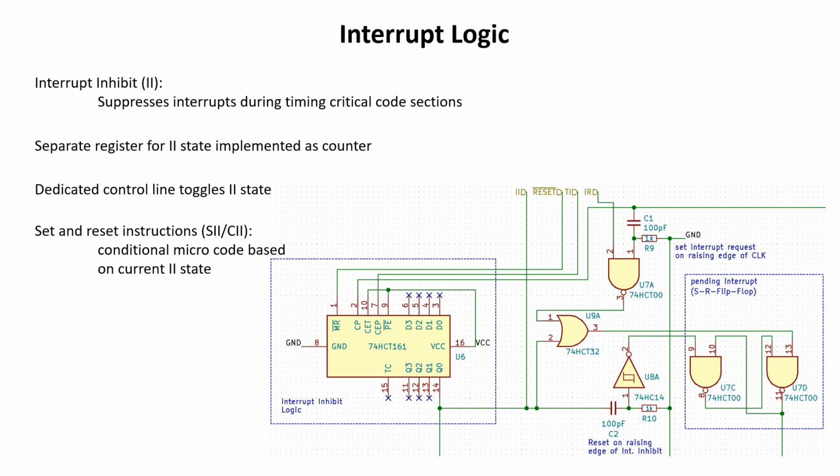The set and reset statements for the interrupt inhibit are based on the current II state, so that in case the interrupt inhibit bit is already set, the set command will do nothing, but the clear command will toggle, and vice versa.